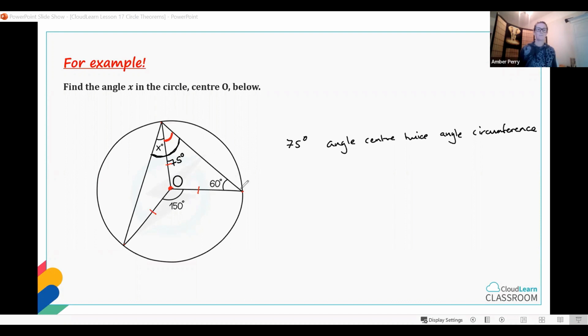Now that I've put those two dashes, what do you notice about this triangle? It's a special word for that triangle. Isosceles, excellent, well done, okay. So if it's isosceles and this is 60, what's this going to be?